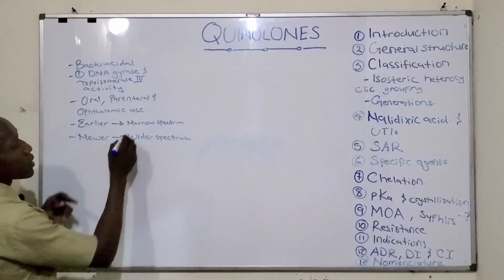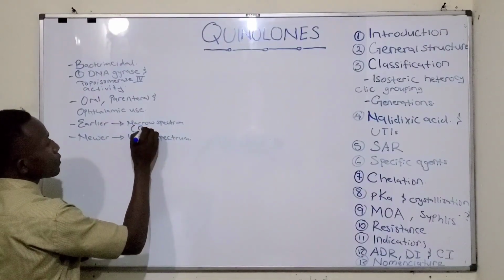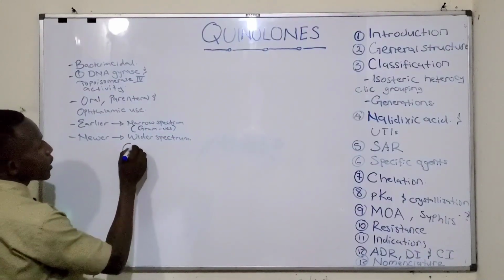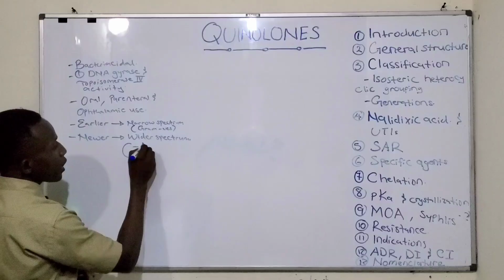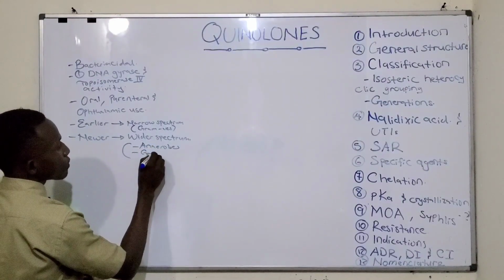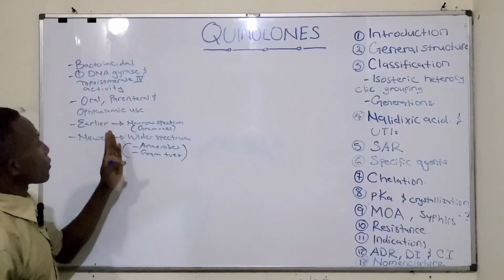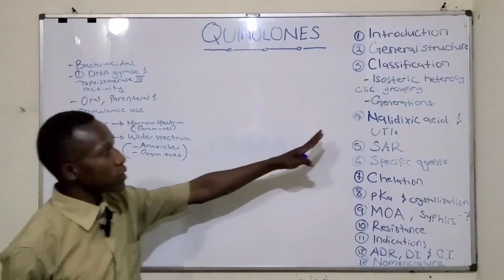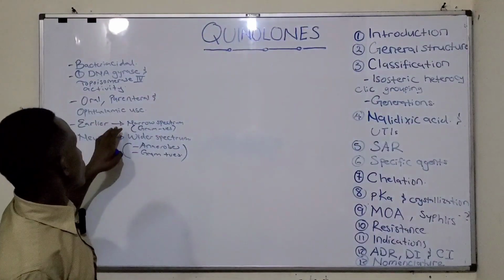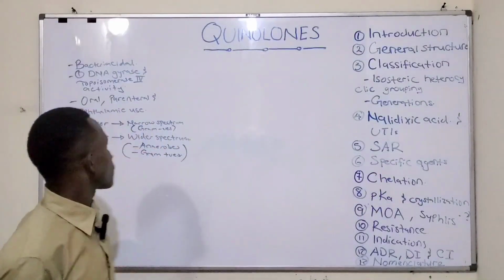The earlier ones were restricted or limited to inhibiting the gram negatives, while some of the new ones can act on the anaerobes, the gram positives, and many other microbes, as we are going to see when we talk about nalidixic acid, because it's one of the earlier quinolones. Then we talk about the specific agents for the newer quinolones.